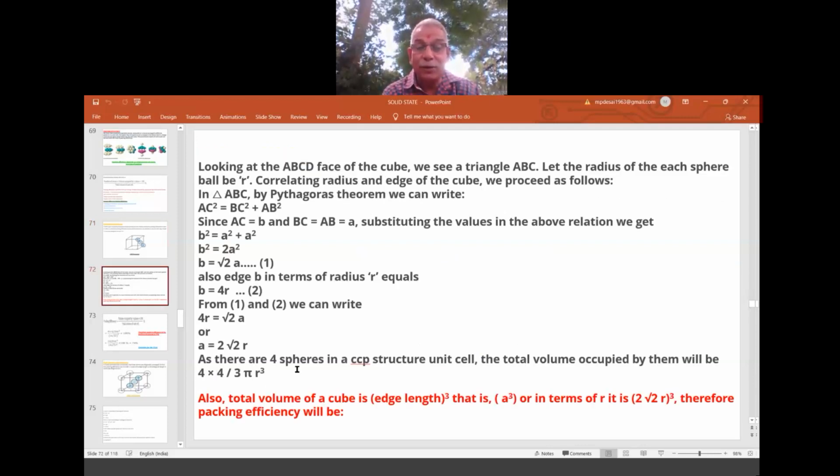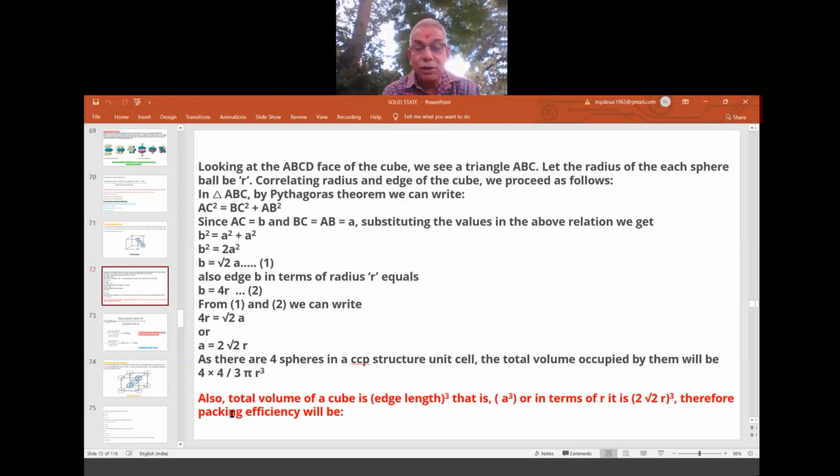Okay. So now that is written here. As there are 4 spheres or 4 particles in CCP structure unit cell, the total volume occupied by them will be 4 into 4 by 3 pi r cube. What is 4 by 3 pi r cube? This is the volume of a sphere, the mathematics formula. Therefore 4 into 4 by 3 pi r cube.